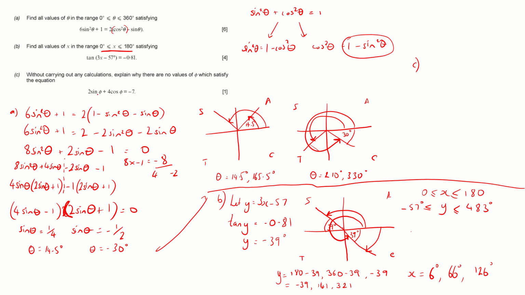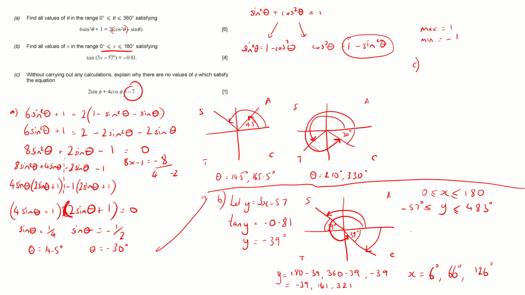Now, unusual question, but the fact that this equals minus 7 is really important because what we have is sine and we have cos. And sine and cos, the maximum values of each of them and the minimum values are either 1 or minus 1 if we think about graphs. Is it possible to get an equation here, so when I do 2 times this plus 4 times this, it gives me minus 7?